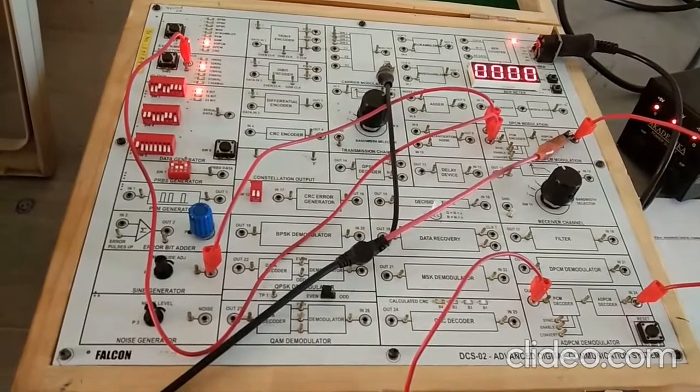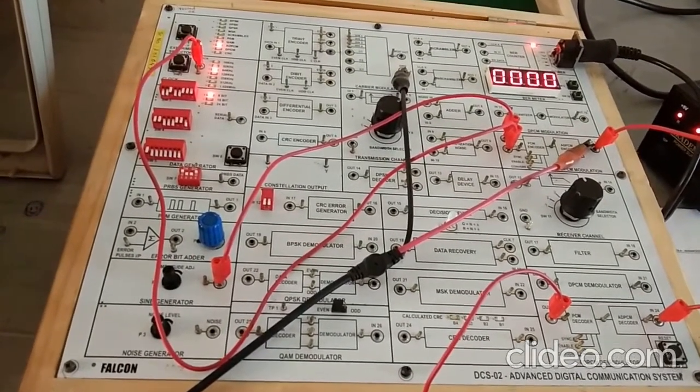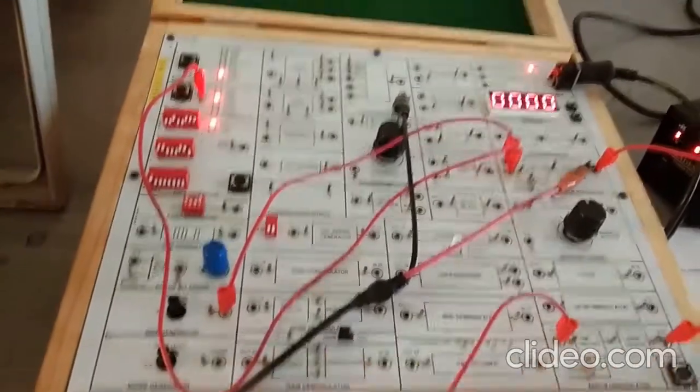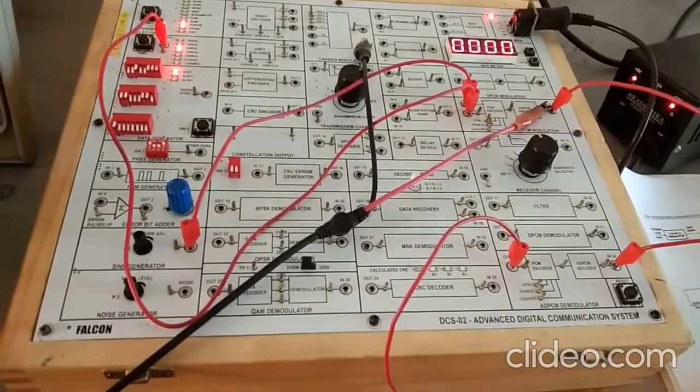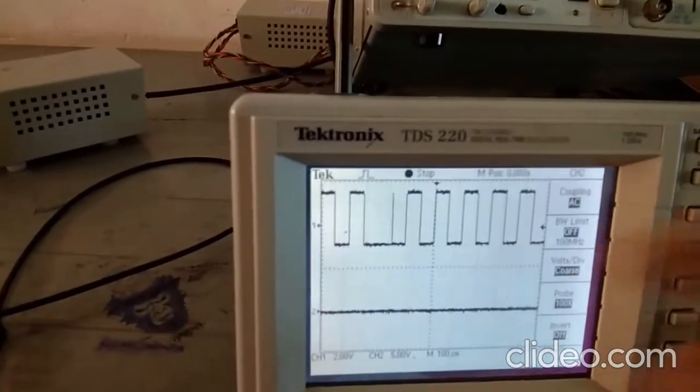We achieve this by varying the size of the quantization step. So this is the ADPCM modulated output.